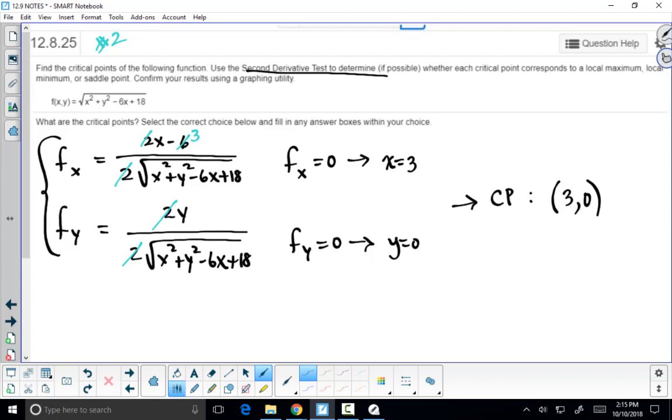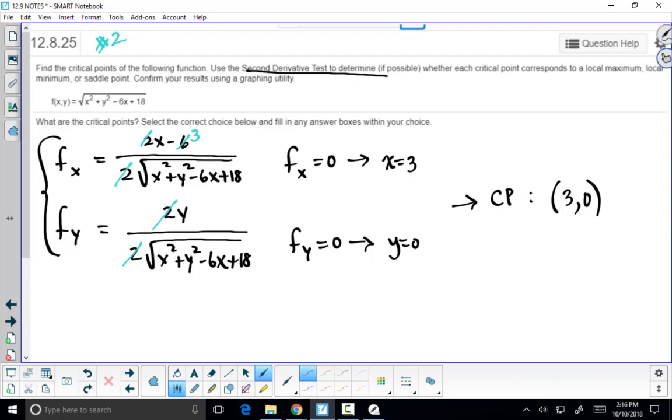Do you think it's going to be a max or a min? Any ideas? So that's telling us that we have a critical point at (3, 0), so it's going to either be a max, a min, or a saddle point. Do you have any intuition? I think it says confirm the result with the graphing utility.